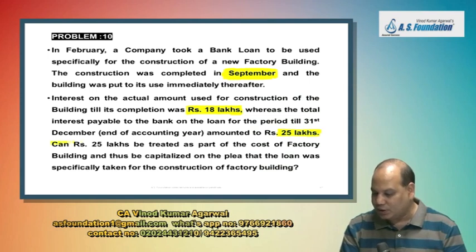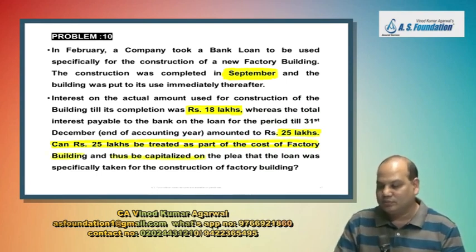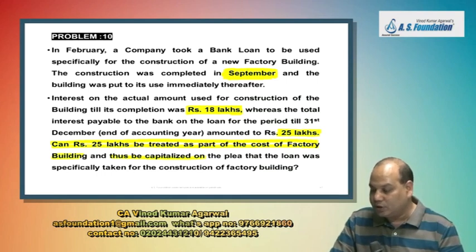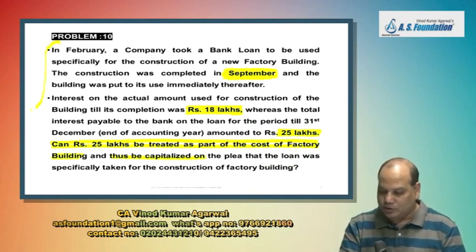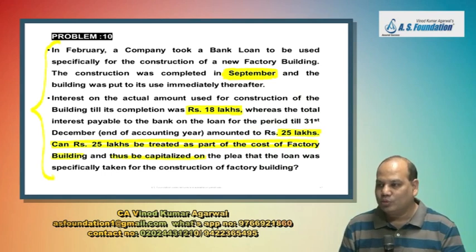Can rupees 25 lakh be treated as a part of the cost of the factory building and thus be capitalized? On the plea that the loan was specifically taken for the construction of the factory building. So even though the size of the question is so big, answer is no. We will only capitalize up to rupees 18 lakh.